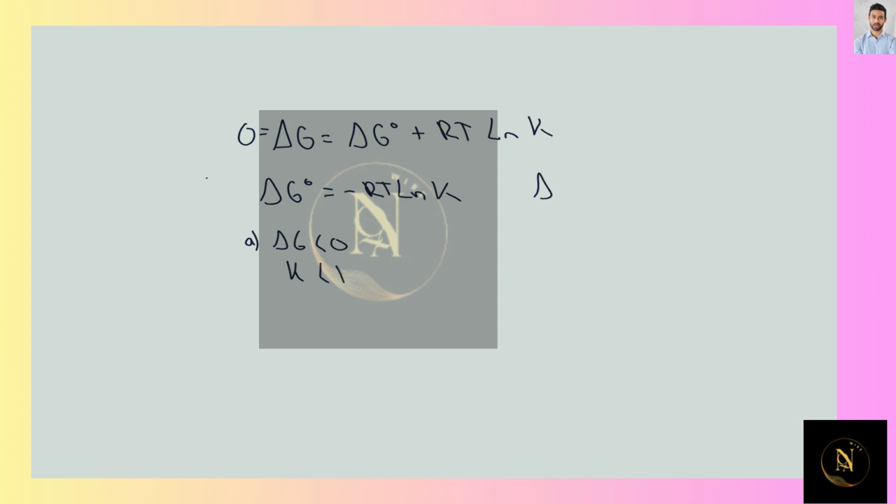Remember that if delta G is lower than 0, that means that my reaction is going to go in the forward direction. And in the case of K being larger than 1, that means that I'm going in the forward direction as being favored. So first of all, this case cannot happen. So here is delta G naught. So this can happen. So in this scenario, this is going to be false.